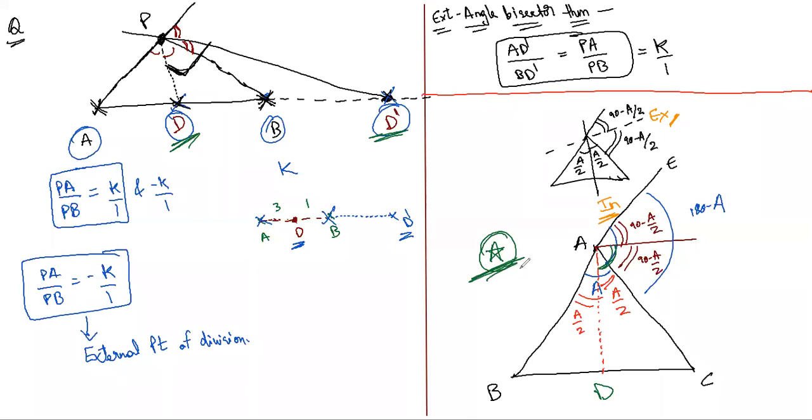It is something all of you have to remember. The angle between the internal angle bisector and the external angle bisector will always be 90 degrees. For any two lines L1 and L2, the angle between the two bisectors, दोनों के बीच में हमेशा एंगल कितना होगा? 90. Is that clear?